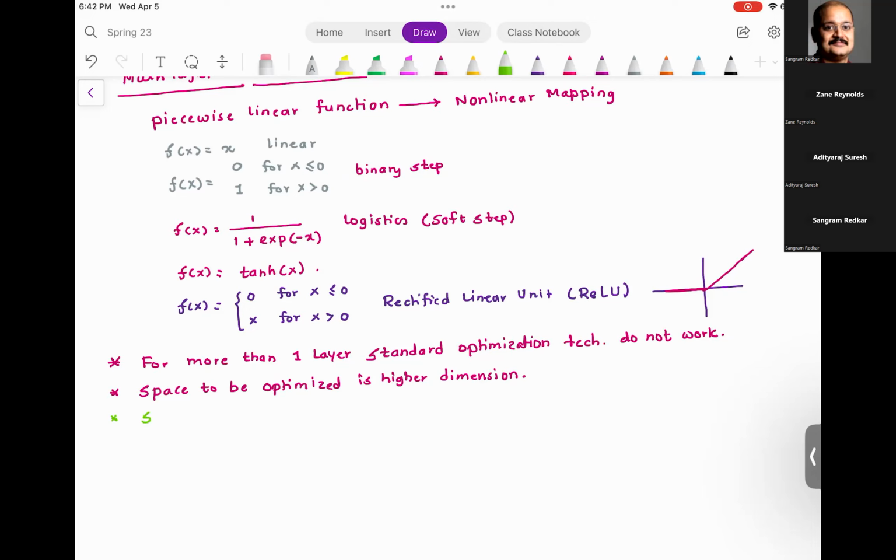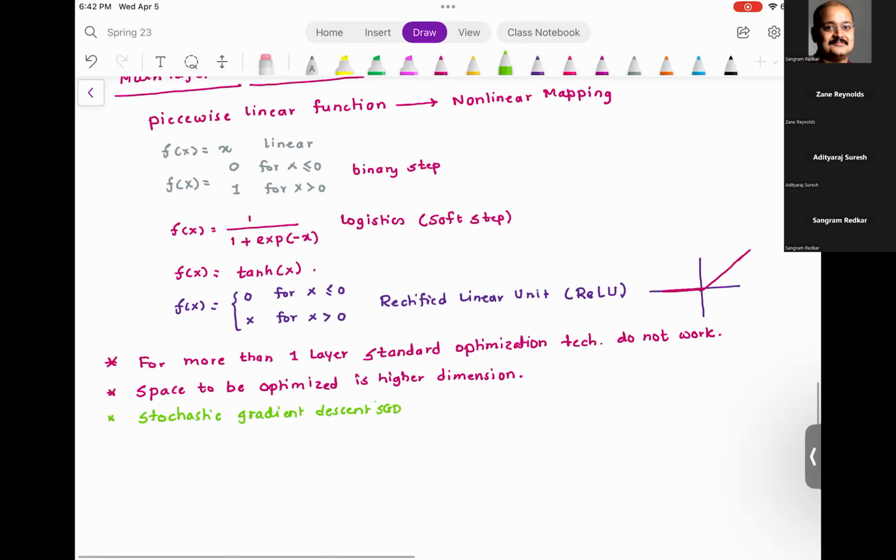One is gradient descent, whose variant is stochastic gradient descent, which is called SGD, and back propagation.